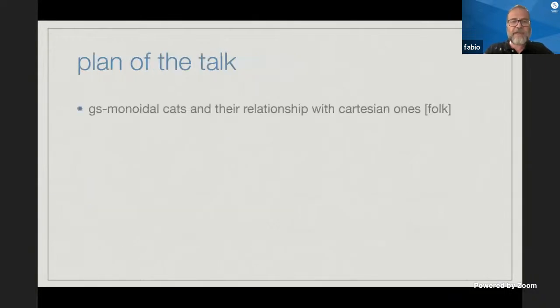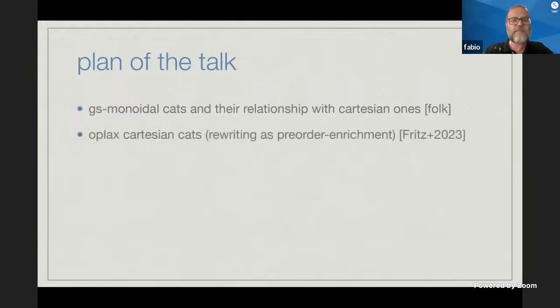Very well, this is the plan of the talk. First, gs-monoidal categories and their relation with Cartesian ones, which nowadays is kind of folklore. The classical paper is by Fox in '74, but there has been, like I said, a lot of work before that, so I consider that a kind of folklore result.